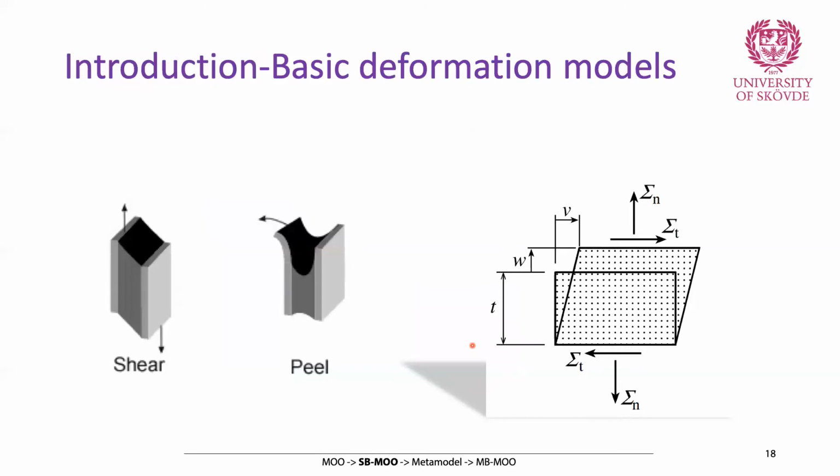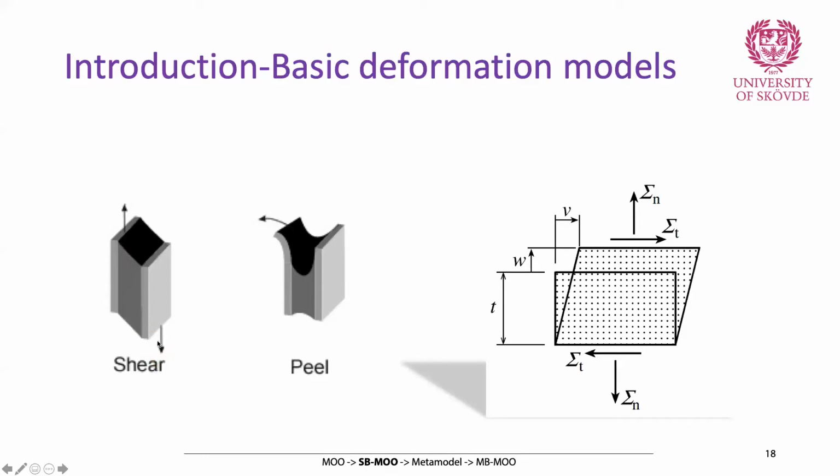And to have an accurate finite element method, you need an accurate material model. In adhesives, there are two modes that dominate. One is shearing and the other is peeling. Here we can see how shear works. This is the adhesive in between, and these are the two different structures that are joined by adhesives.